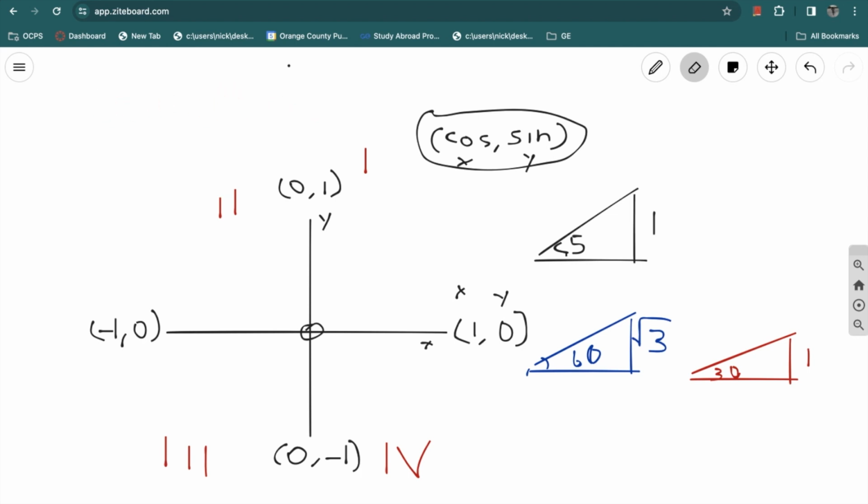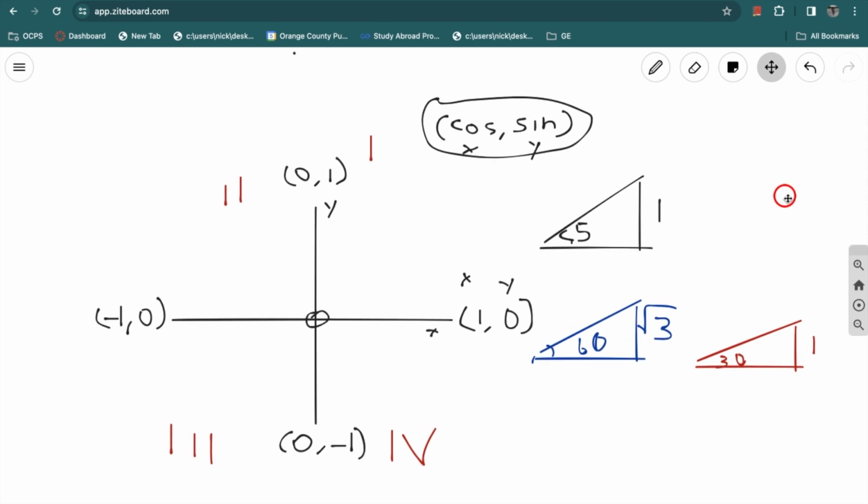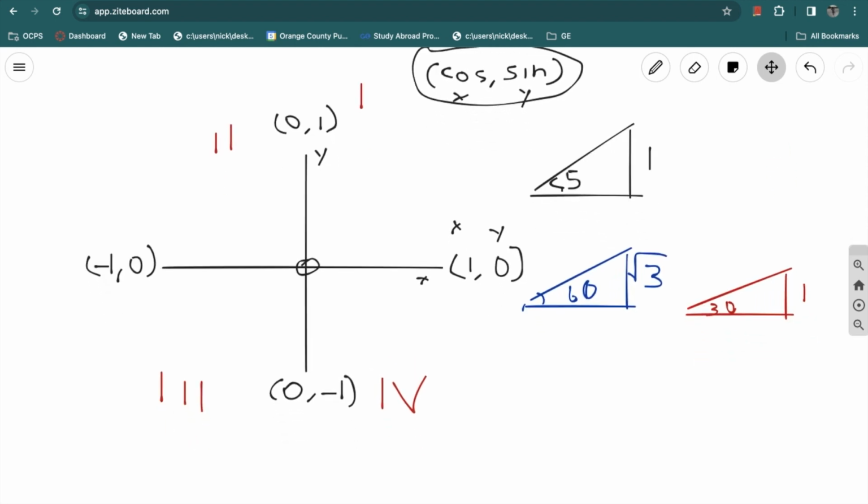For now, we'll solve basic trig equations, and we're going to start with the way the quadrants are and what you need to know before you start solving. So we all know sine equals opposite over hypotenuse, right?